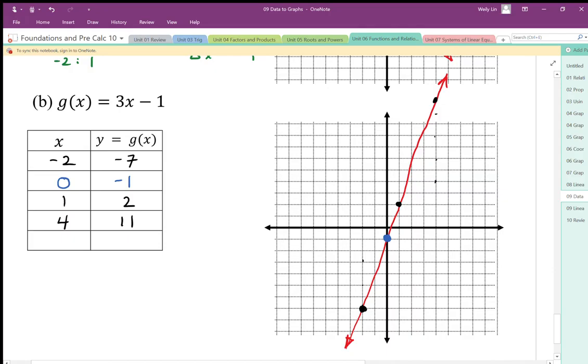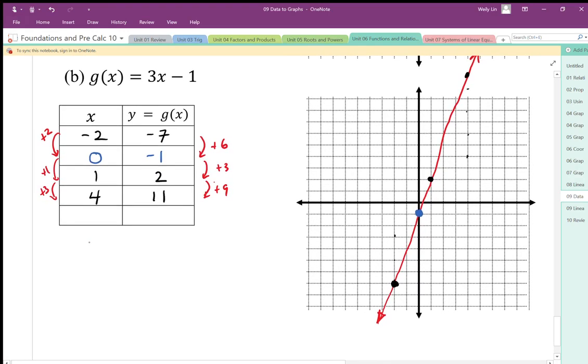And I want to know the ratio of change. So I'm going to look at my ratio of change here. Plus 2, plus 6, plus 1, plus 3, plus 3, plus 9. So how is this ratio of change showing up?